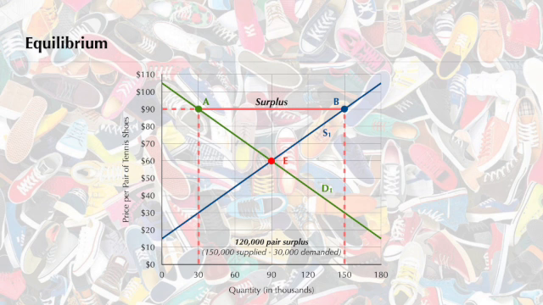At this price, producers are willing to supply 150,000 pairs of tennis shoes, point B. The quantity demanded at this price, however, is lower than 150,000 pairs. At a price of $90, consumers are willing and able to buy only 30,000 pairs of shoes, point A. The result is a surplus of 120,000 pairs, or 150,000 pairs supplied minus 30,000 pairs demanded.